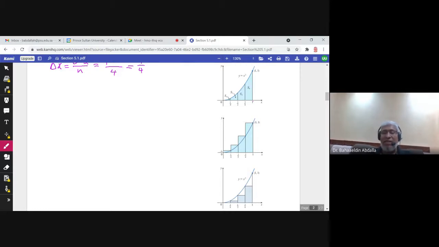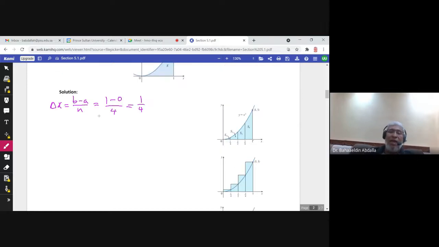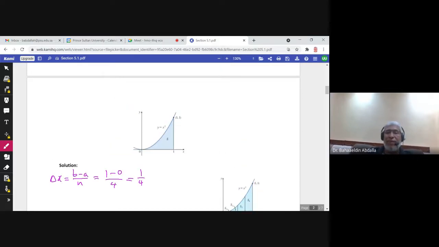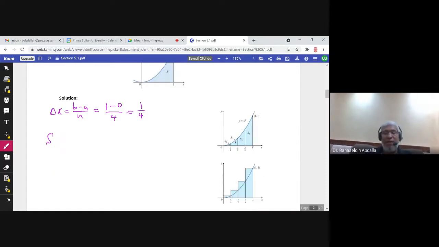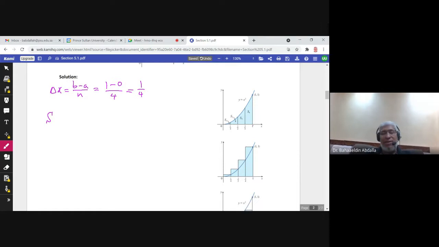So I can say that the area of S is approximately, well, in fact, it is less than here because I can see that the rectangles are greater than the area.